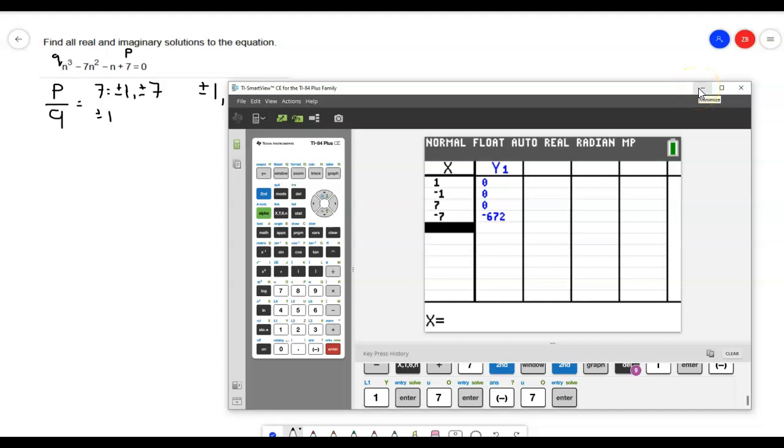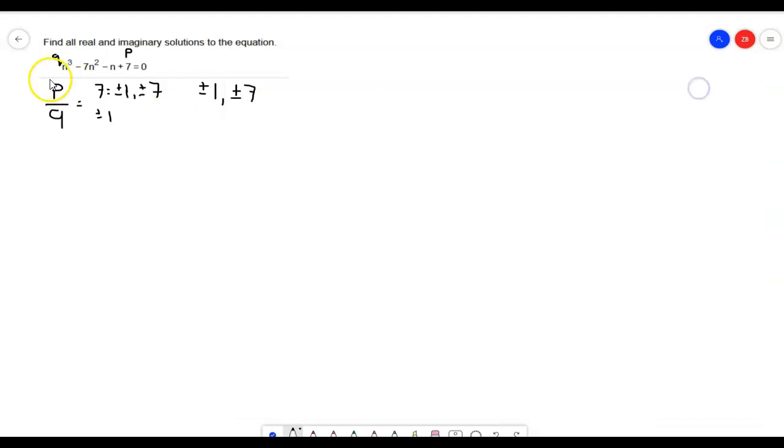So it says find all the real and imaginary solutions. So they are 1, -1, and 7. That will satisfy this equation. And if you were to try them and put them in here, sure enough, they would all equal 0. So, well, this is an n, so we can say n is equal to 1, -1, and 7.